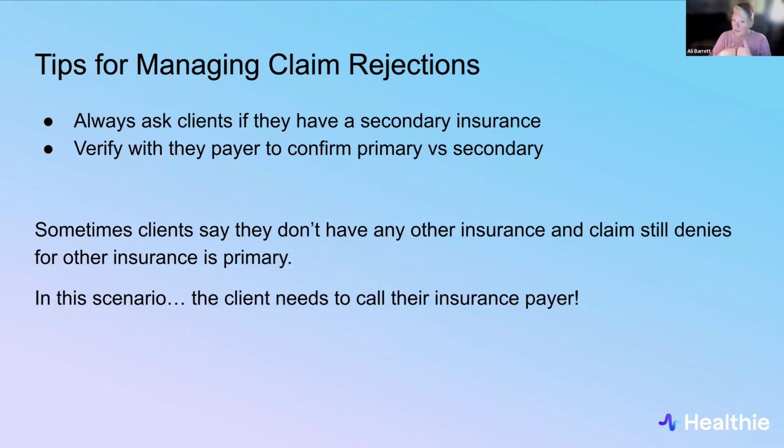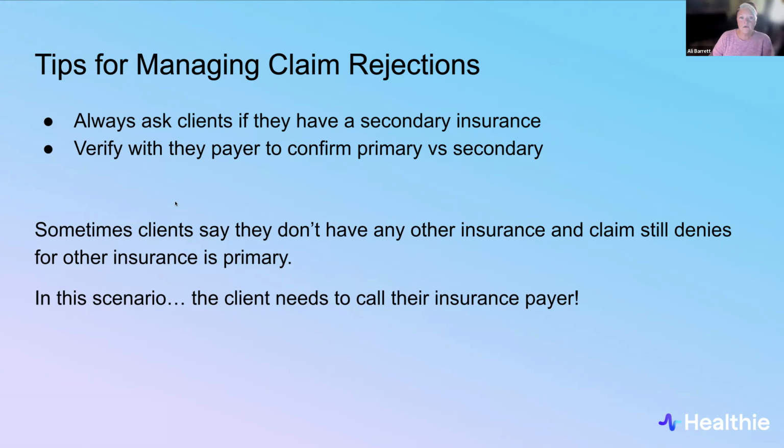I know a lot of the rules for who's secondary and primary, but I still have to look it up just to make sure because I don't see it very often and I forget. So it's best if you ask the insurance if they know and then just verify that, because the client could have lost that other coverage and did not update their COB information with the insurance.